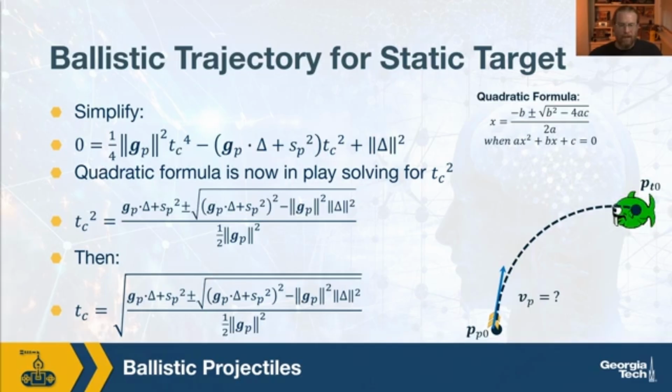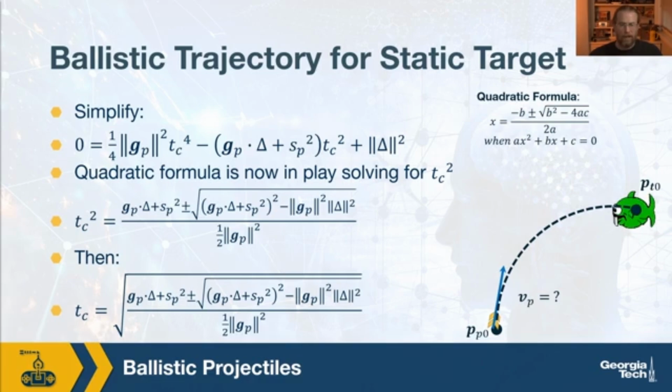Now we have maybe not the familiar form that you're used to in the simplest examples of quadratic formula. So we have the time of collision to the power of 4 rather than to the power of 2. But we don't have any odd numbered powers in this equation. We have a t sub c to the power of 4 and a t sub c to the power of 2.